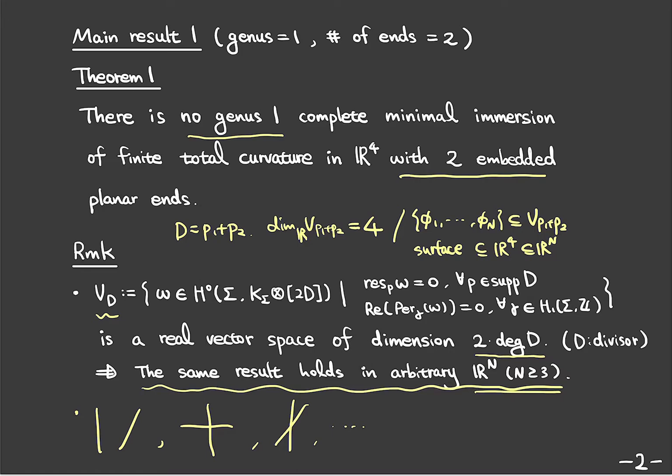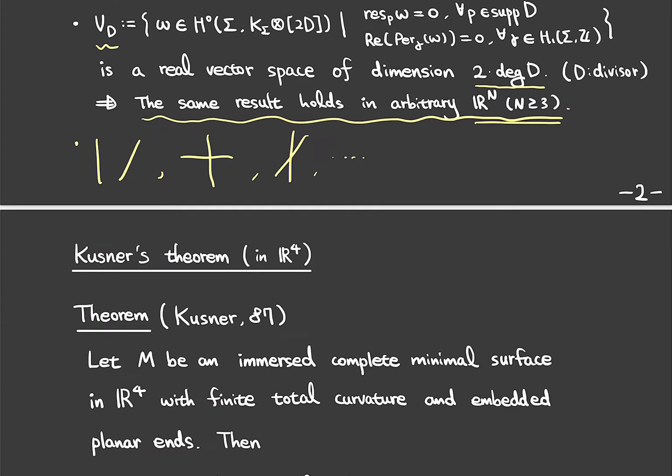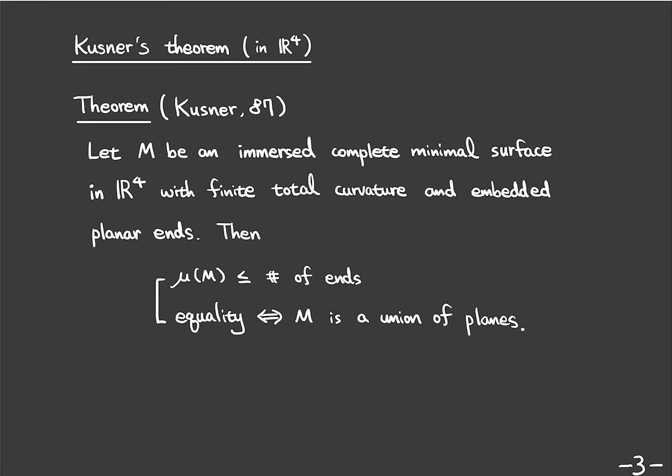Okay. In order to prove Theorem 1, we need one more thing. It was originally proved in R3, but the same proof without any modification still works in R4. So we introduce the Costa-type theorem in R4.